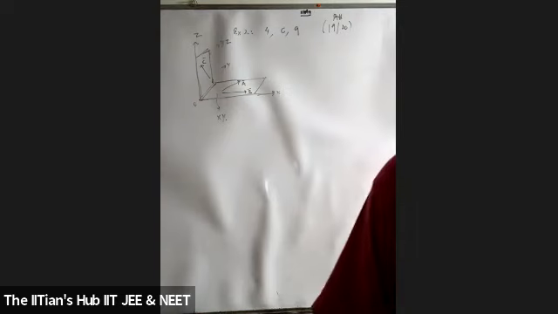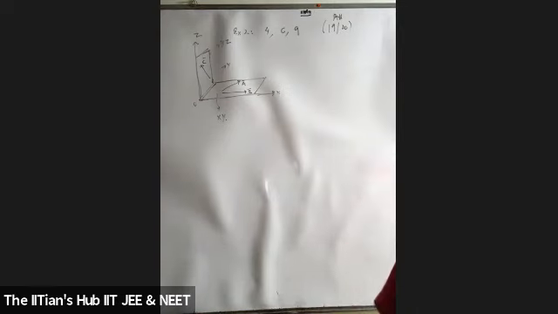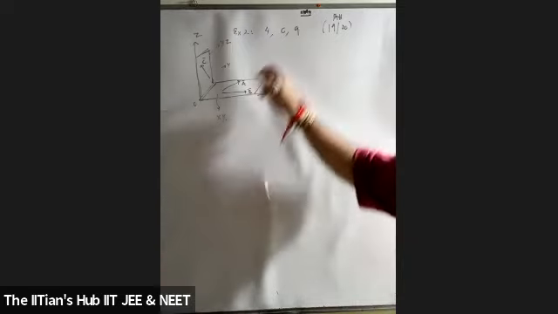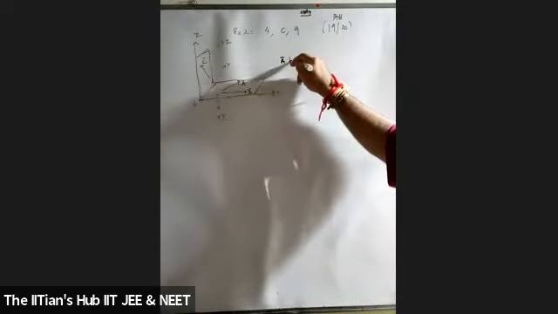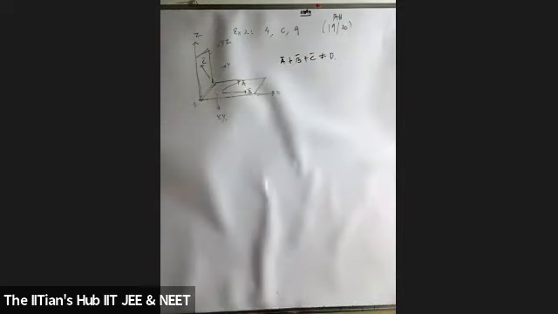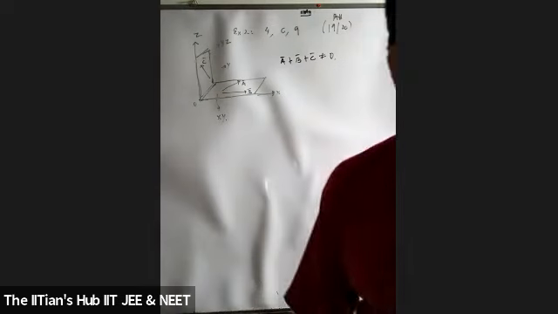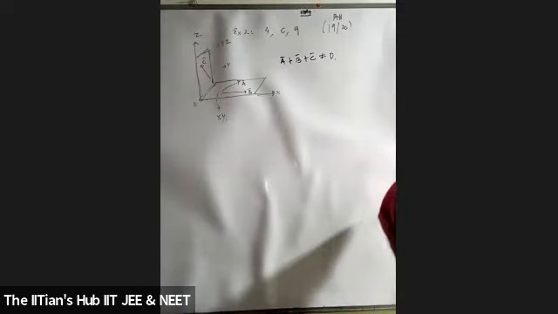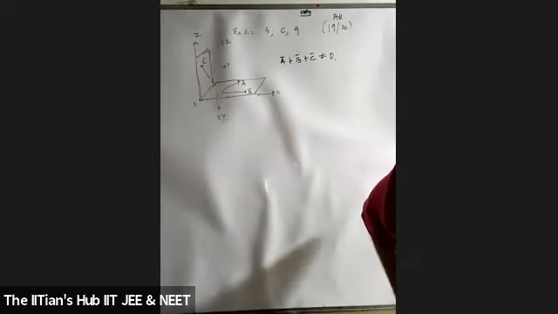Sir, the sum of A plus B plus C cannot be equal to 0. Why? What's the reason behind it?